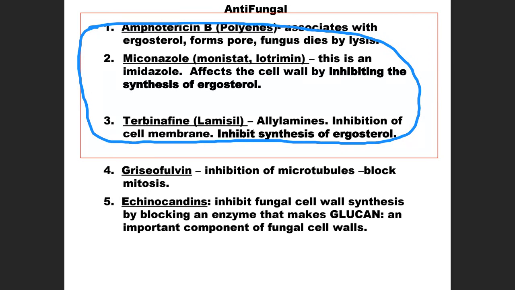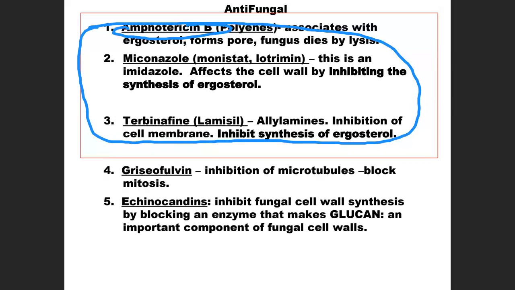Let's start with amphotericin B. Amphotericin B is typically given to treat systemic fungal infections. If a person has a fungal infection in their respiratory tract, nervous system, cardiovascular system, or any body system, amphotericin B is given to penetrate those tissues really well.